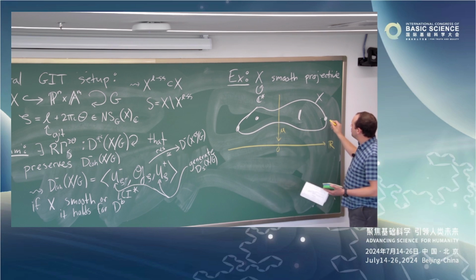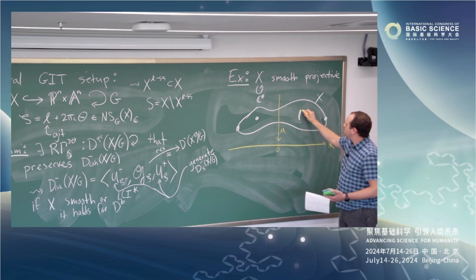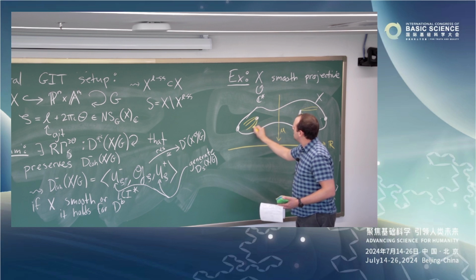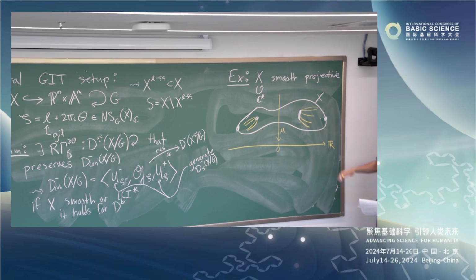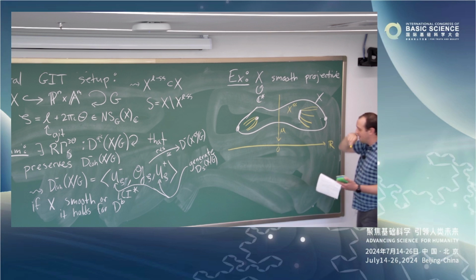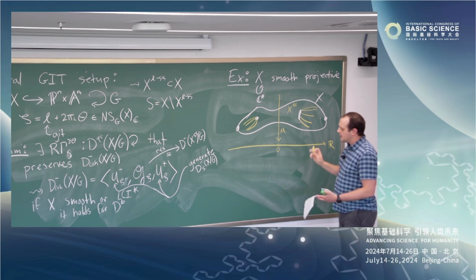And what it says is that you should always flow away from the moment fiber. This will give you some closed subset, maybe it's not obvious, but it's a closed subset, and the complement is the semi-stable locus. What's left over?